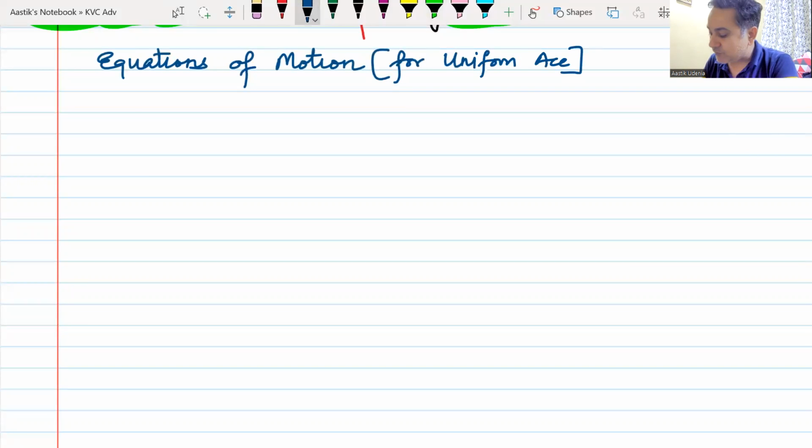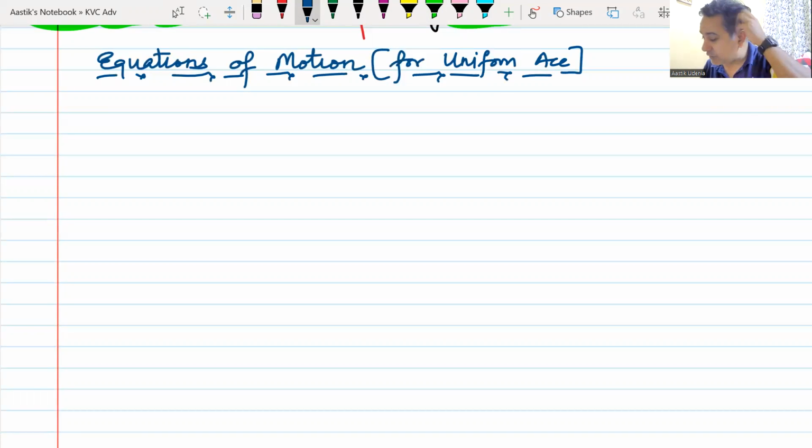Now, how will I write the equations of motion for uniform acceleration in 2D? I will try to break them. The equation is already there, we already know this. But now I can break them into x and y components, and then I can write the equations.